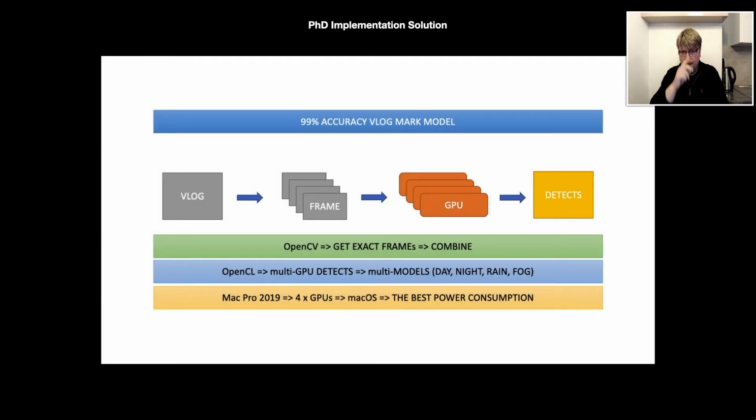Now, I think that this solution of 80% at least, and I expect even 99% accuracy, should work like how to eat the elephant, piece by piece, right? Everyone knows that. So let's get one frame of the video log, copy it to 4 GPUs, with 4 queues in OpenCL, with 4 separately compiled kernels.